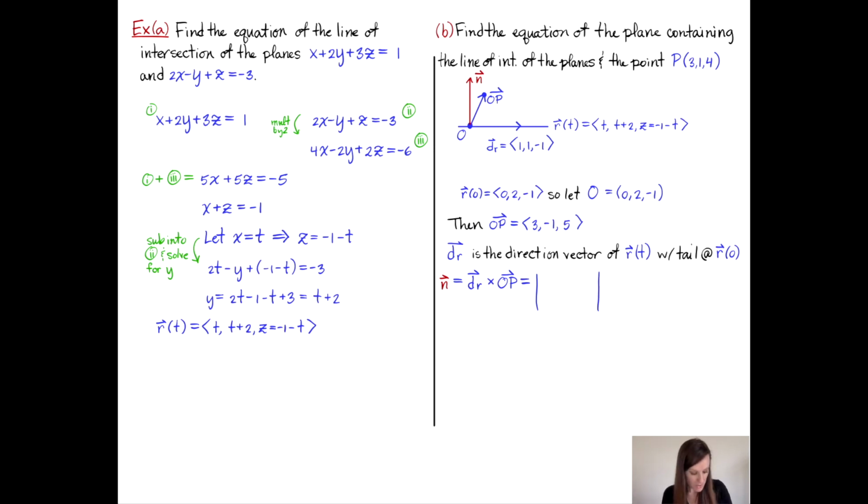So using the determinant method, in the top row we have i, j, k. In the second row we have our direction vector, 1, 1, negative 1. And in the bottom row we have OP, so 3, negative 1, 5.